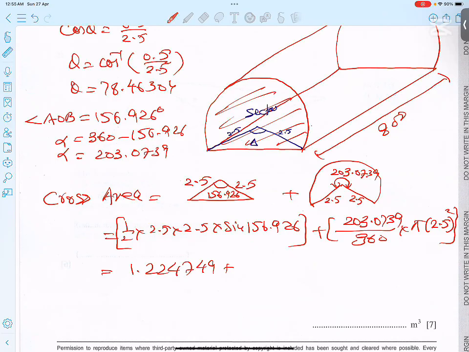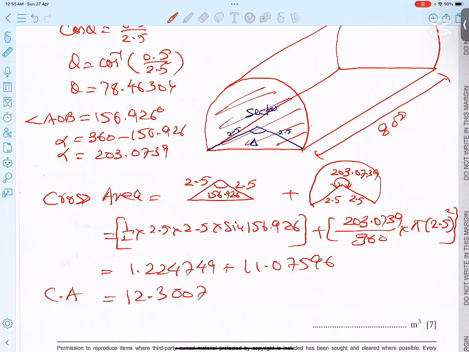The second one is 203.0739 over 360 times pi into 2.5 squared, which gives 11.07596. If I add 1.224749, I get the total area 12.3007.